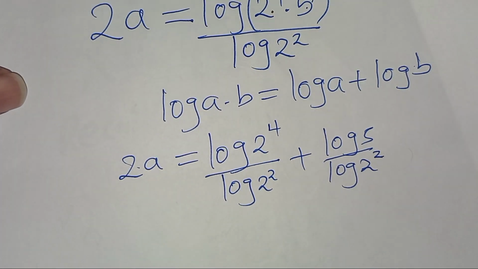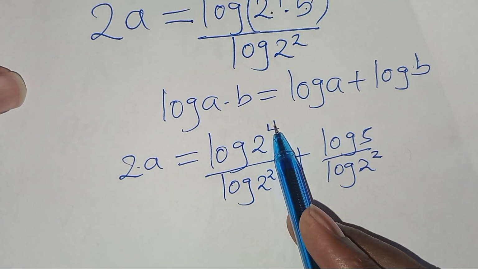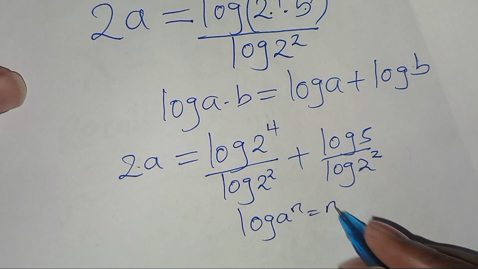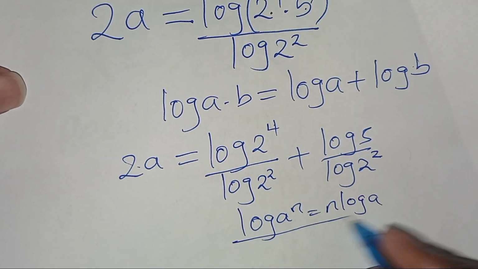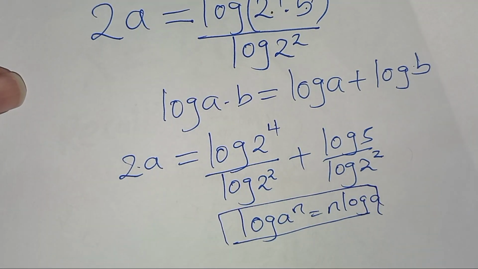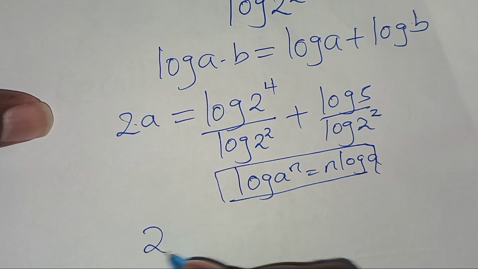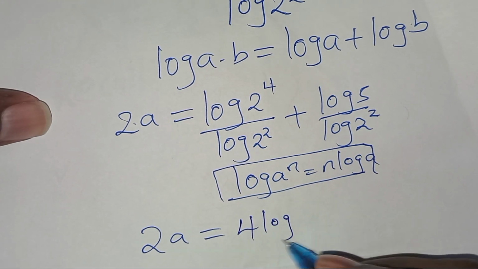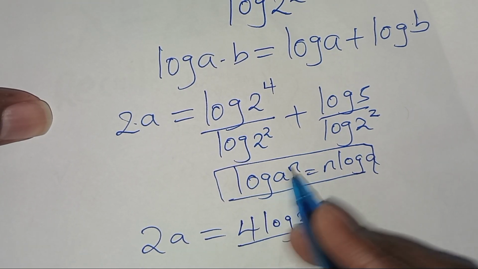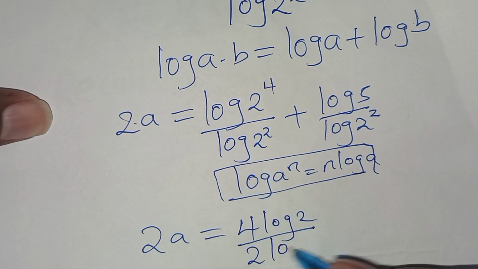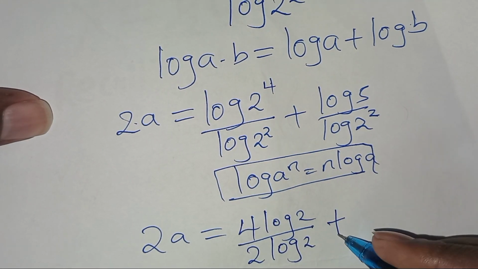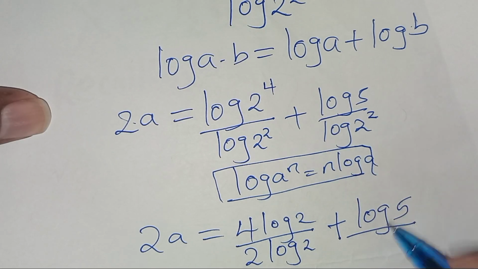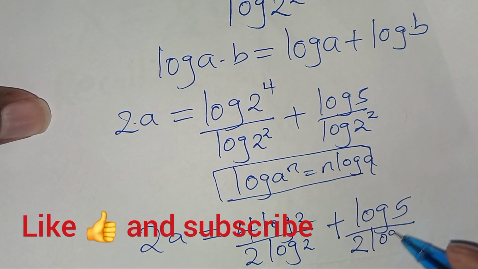Now, applying the power rule, log a to power n is n log a. So log 2 to power 4 becomes 4 log 2 divided by 2 log 2, plus log 5 divided by 2 log 2.